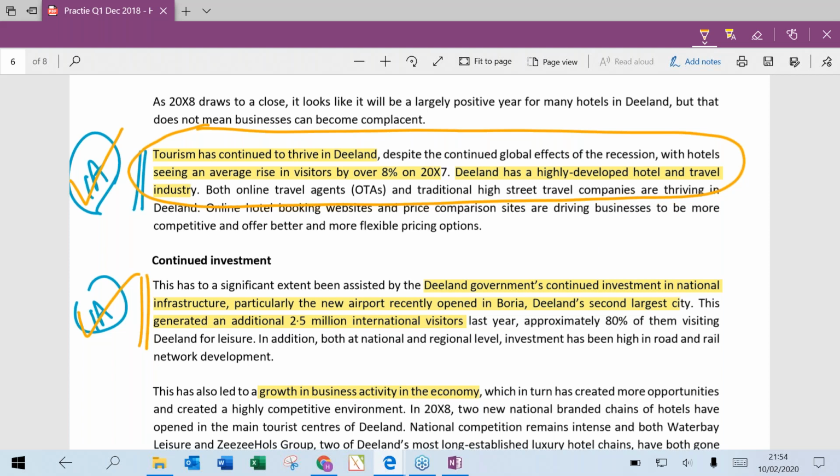So, for example, the second point, I would say that the government of D-land is continuously investing in the national infrastructure. Full stop. It has recently opened a new airport in Boria, which is D-Land's second largest city. Due to this, 2.5 million additional visitors came to D-Land.